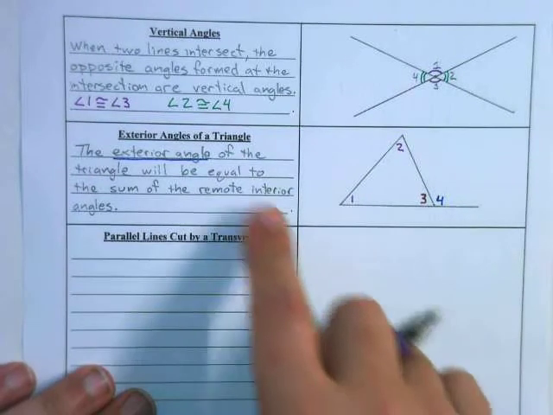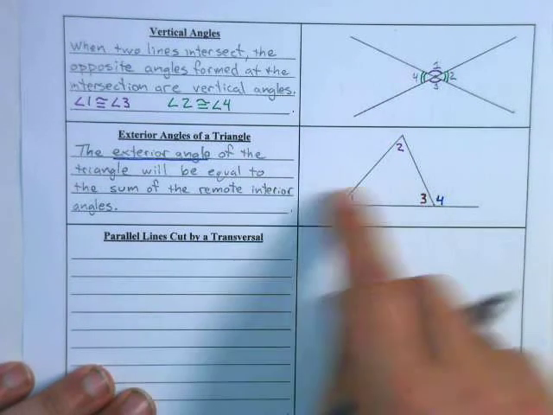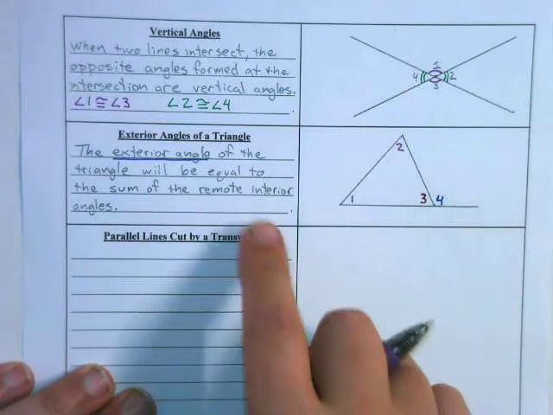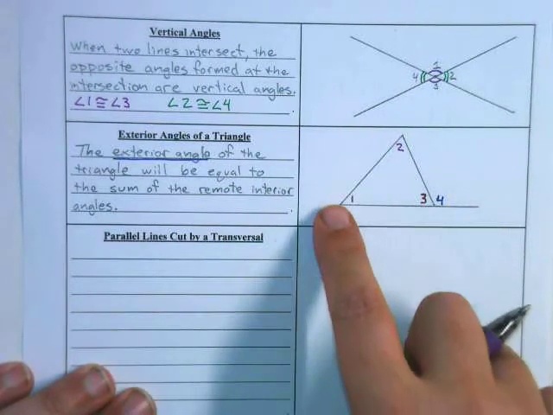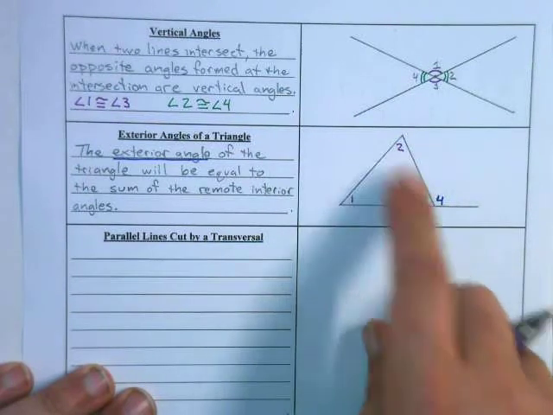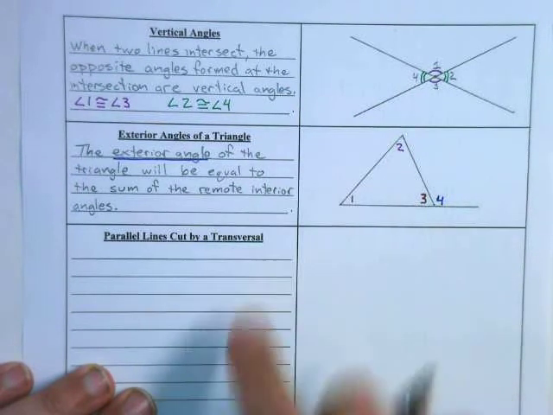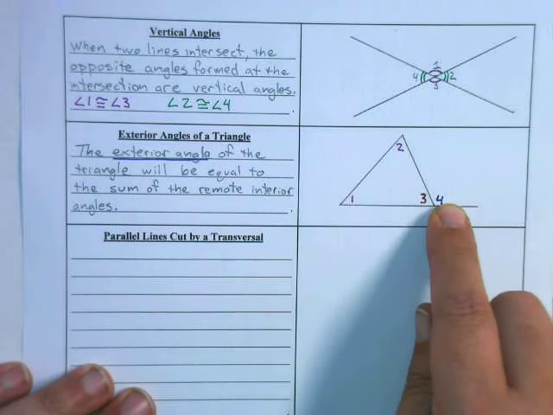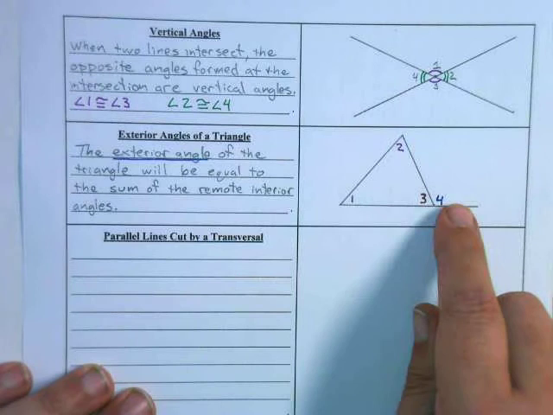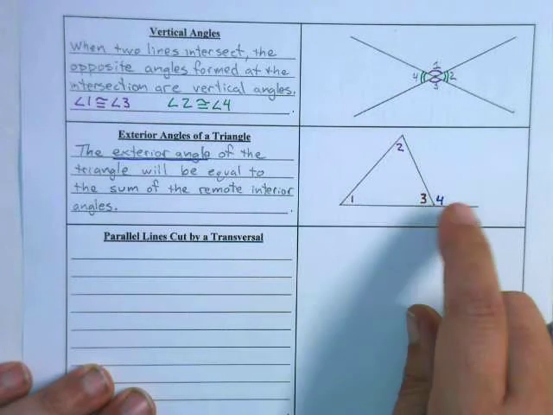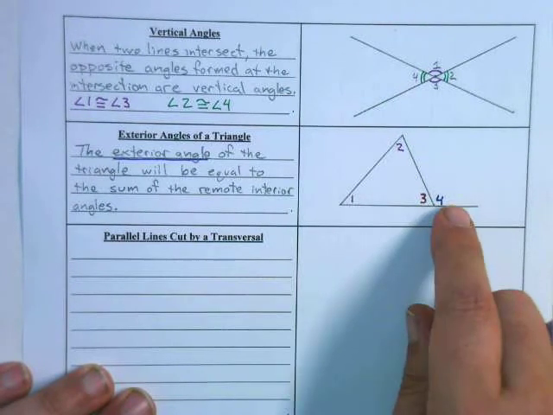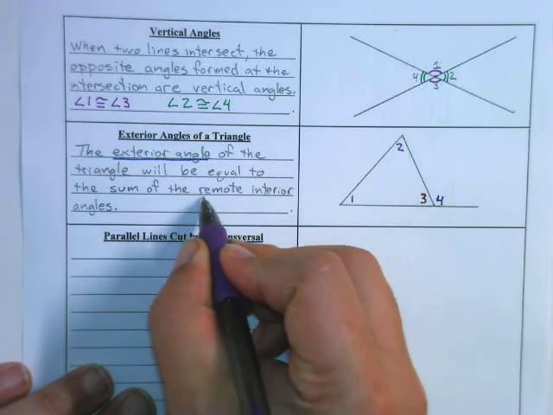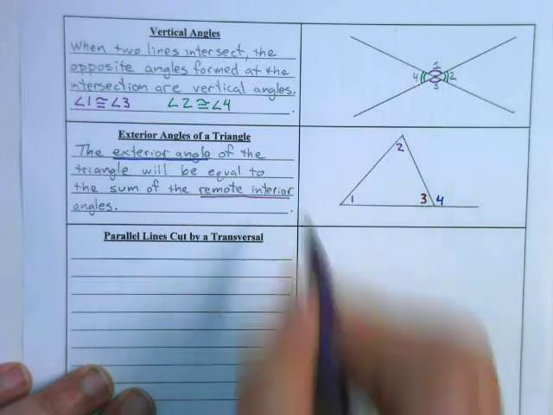Okay? Now the interior are the angles on the inside of our triangle. So which angles of our 1, 2, and 3 are the remote interior? Well, we are relating it to the exterior angle. So the angles that are away from, not close to, angle 4 are going to be angles 1 and 2.